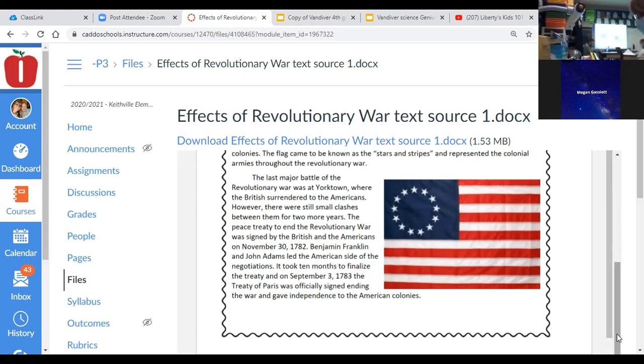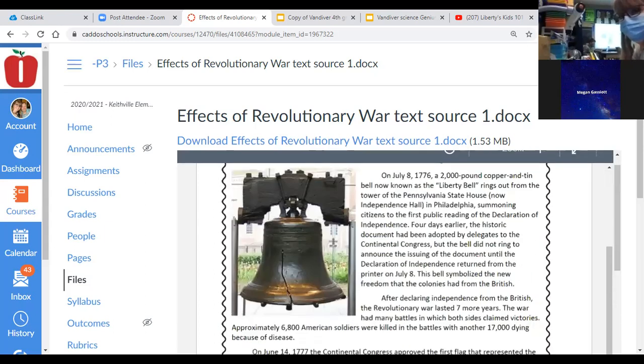Okay, so let's describe the meaning of the Liberty Bell. That's going to require us to go up here. Okay, so what's the meaning of the Liberty Bell, guys? What is it?